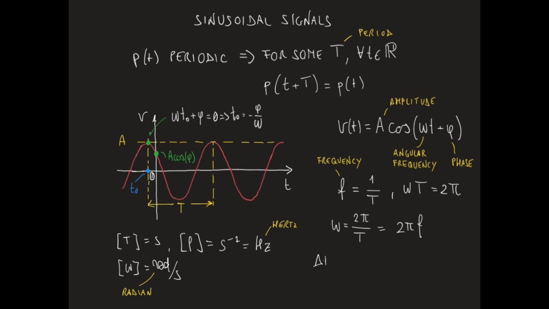So delta t, which is equal to 0 minus t0, is equal to phi over omega, or phi over 2 pi times the period T. So the phase phi tells us the time distance of the signal peak, the closest one to the amplitude axis, from the origin. The phase phi is measured in radians.